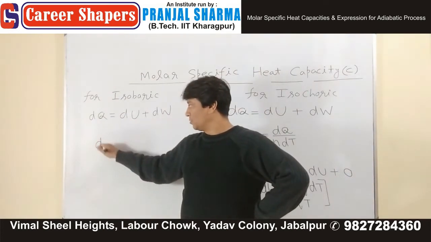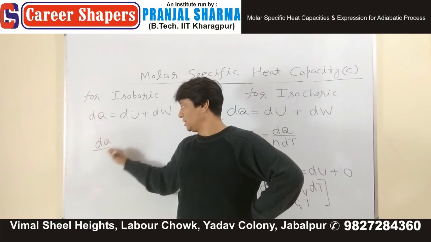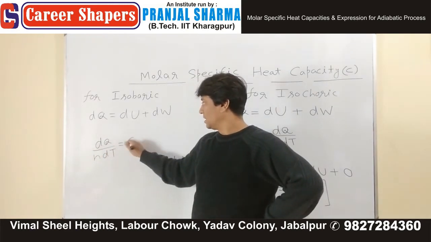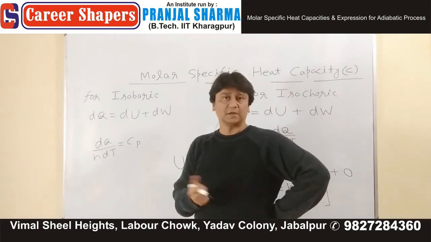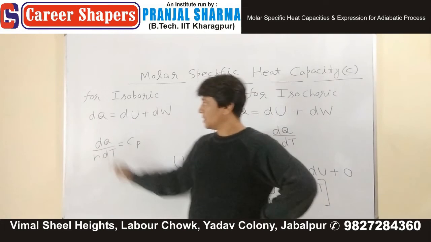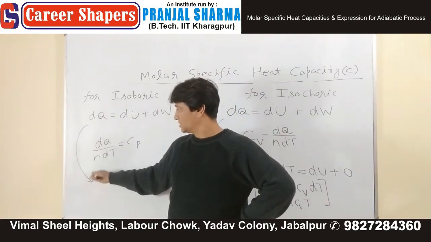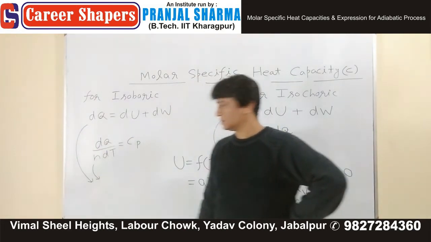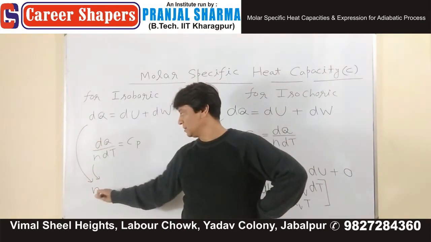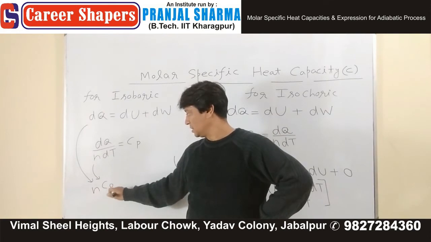If it's an isobaric process, then dq upon n dt has a special name, which is what? Cp. This and this. What is dq? N Cp dt.